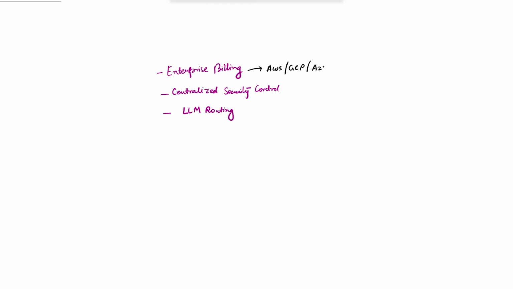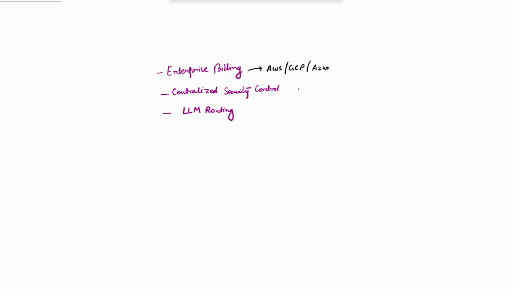Key reasons other than data privacy and residency are enterprise billing, centralized security control, and custom LLM routing. Enterprise billing allows a company to utilize Claude Cowork capability and plugins based on existing cloud provider tokens like AWS or GCP or Azure.